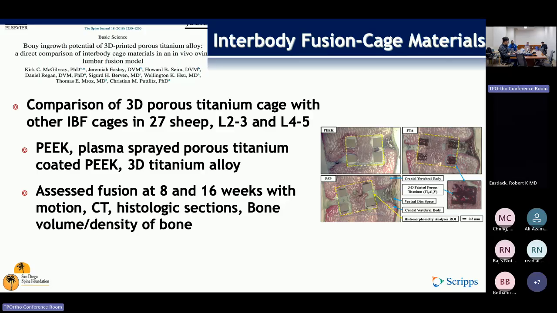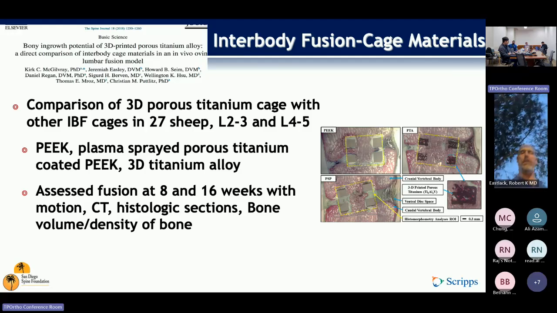Looking at this article from Spine in 2018, they compared 20 sheep with the cages placed at L2-3 and L3-4-5. They looked at PEEK, the plasma sprayed titanium coated PEEK, and a 3D titanium alloy. They assessed fusion at 8 and 16 weeks with range of motion, CT, histologic sections, and the density and volume of bone.